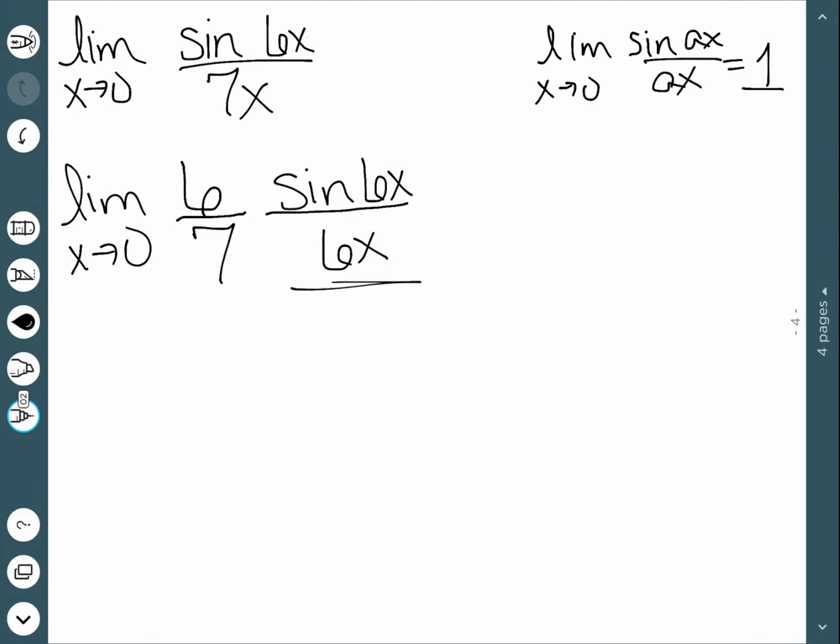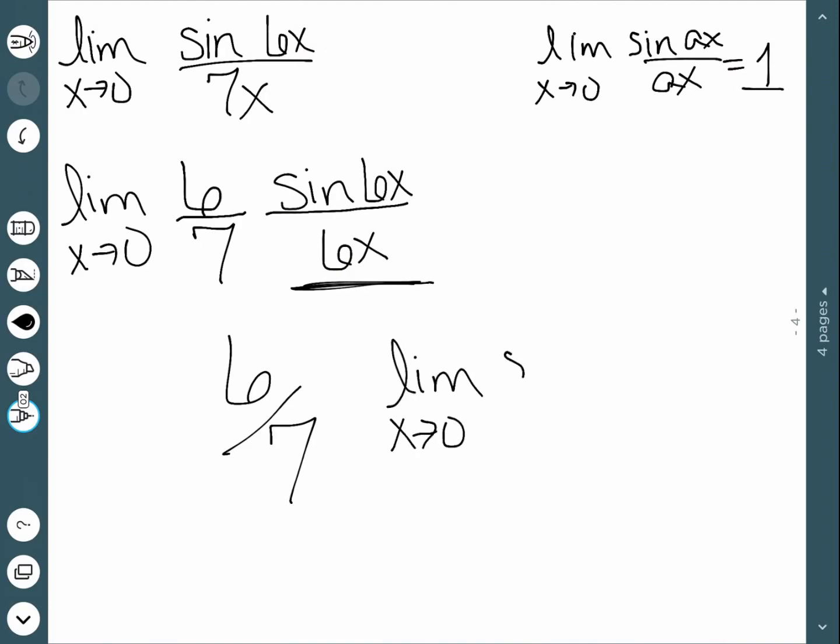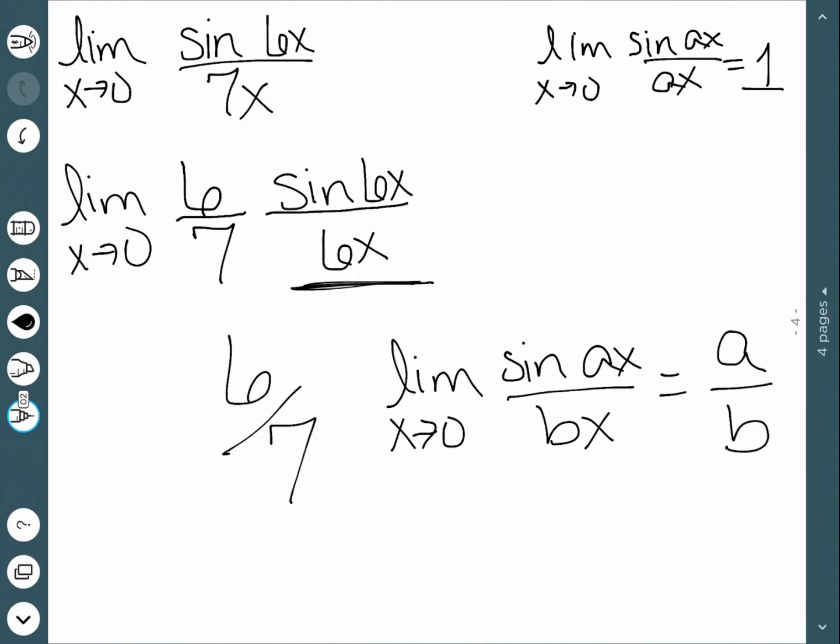So now, this part is going to tend to 1, and 1 times 6 over 7 is just 6 over 7. And this is going to work in general. The limit as x approaches 0 of sine of ax over bx is going to be equal to a over b.